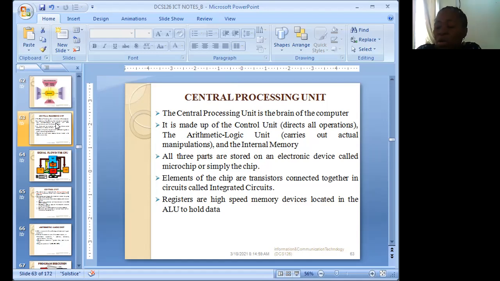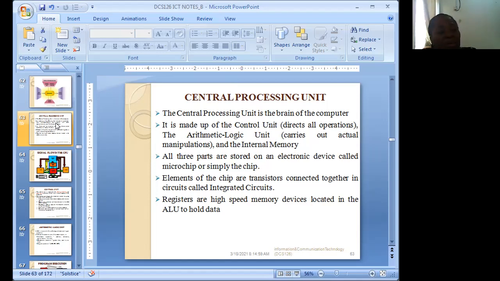Now, the microchip, as I was sharing in the last class, is a very tiny chip, like the size of a small postage stamp. Okay, and it is where all the electronic circuits, all the electronic power of the system are etched, E-T-C-H-E-D, etched on the chip, so that everything that the system needs to function is right there on that microchip.